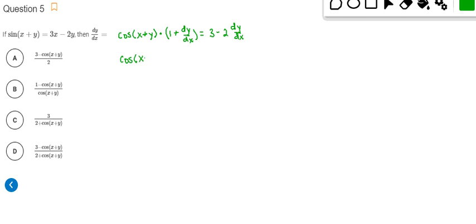So I have cosine x plus y plus cosine x plus y dy dx, and that equals 3 minus 2 dy dx. Now let's do some moving things around, shifting.